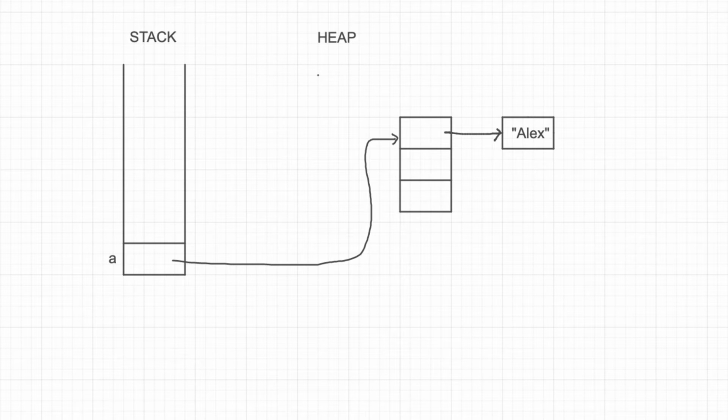You can see that I started already the drawing. I started by adding the array A on my stack. An array is a reference type, so it references an object on the heap, an array object. Now, because my array has elements of type String, which are references themselves, each of those elements would be a reference to a separate string. And you can see it starts to get complex quite quickly, so I'm going to simplify a little bit.